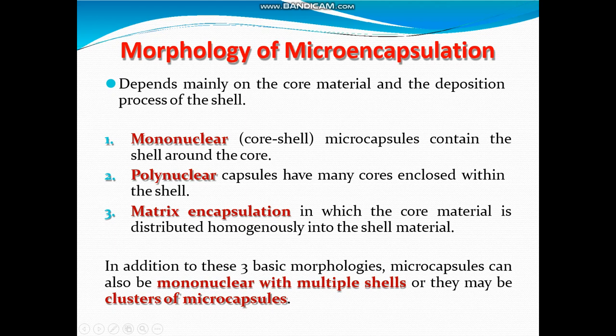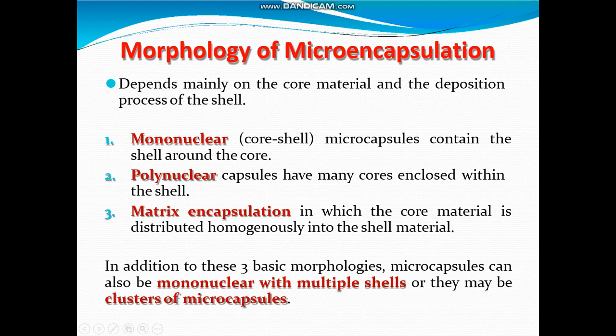microencapsulation can be categorized into three different categories. The first one is mononuclear. Mononuclear means the core shell, the microcapsules which contain a shell around the core. The second one is polynuclear. Polynuclear means the capsule has many cores enclosed within the shell.